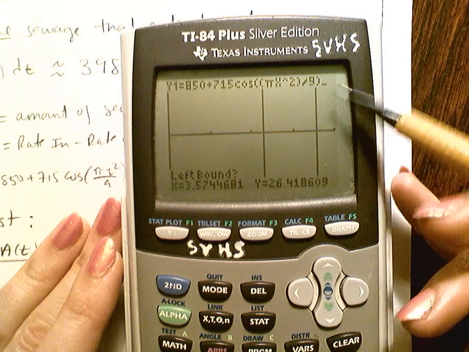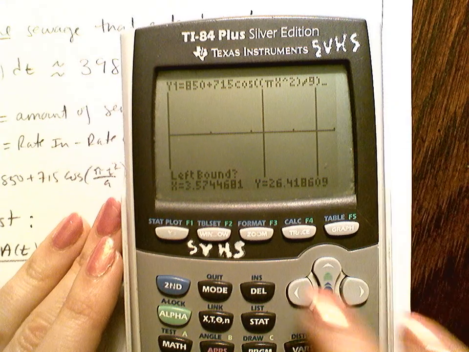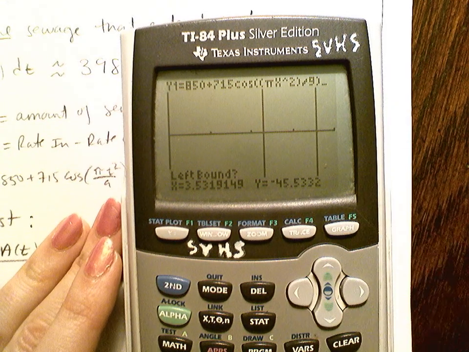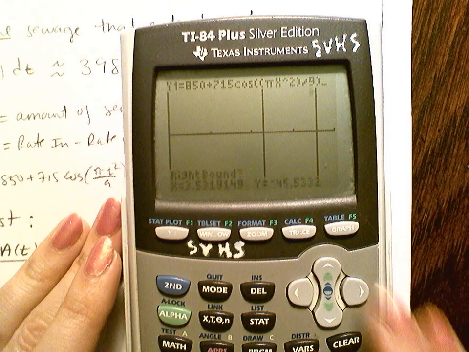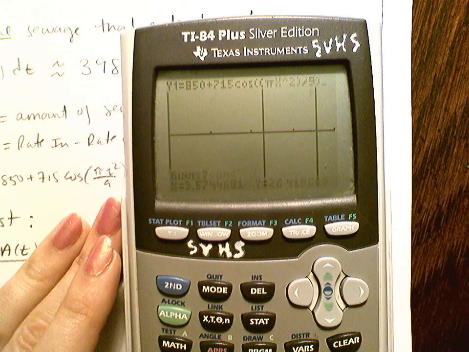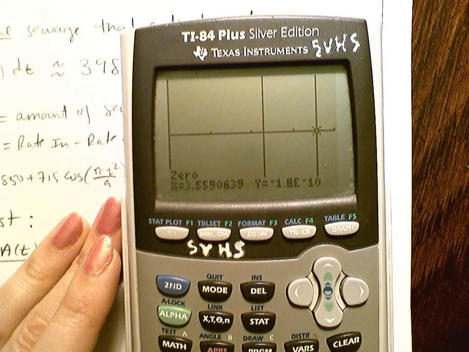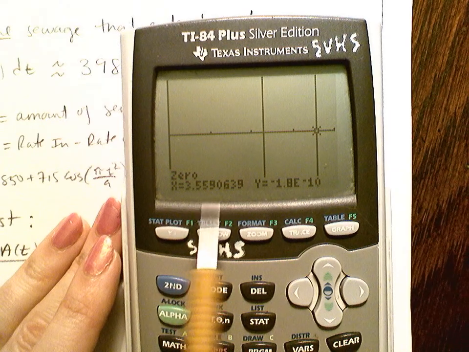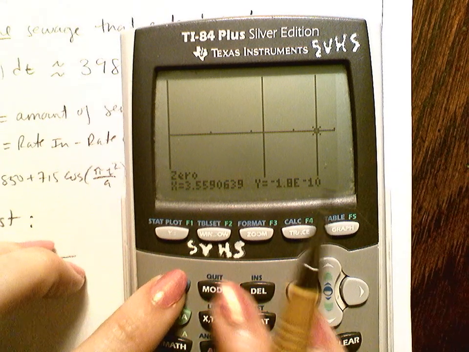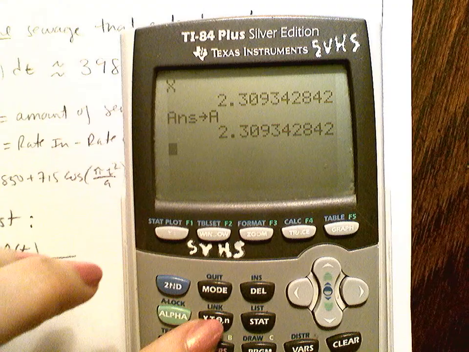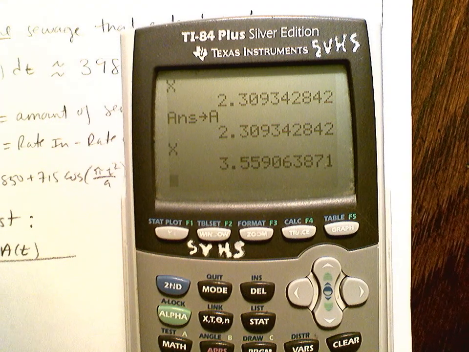Okay, so I think I'm somewhere up here. But I want to start left bound. So now I'm below the x-axis, hit enter. Now I'm above. Okay, so then this x value. So second quit, hit X in your home screen, and there it is.